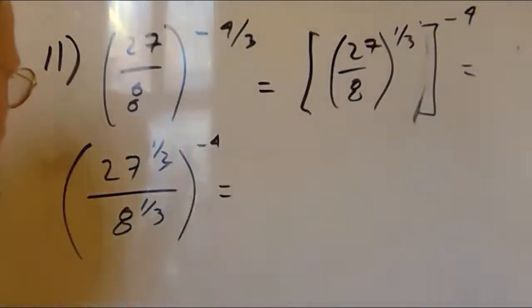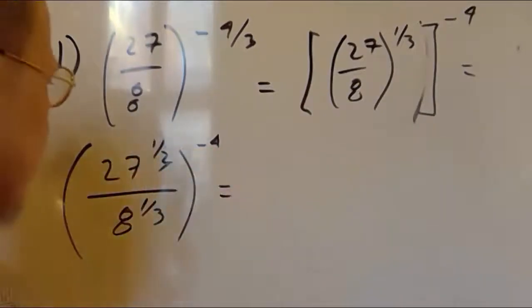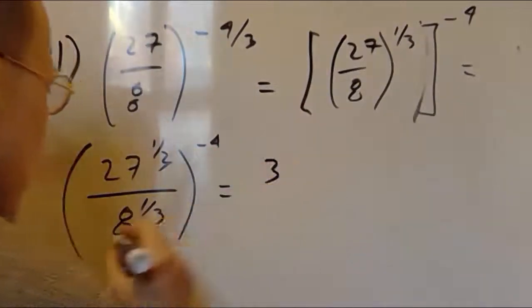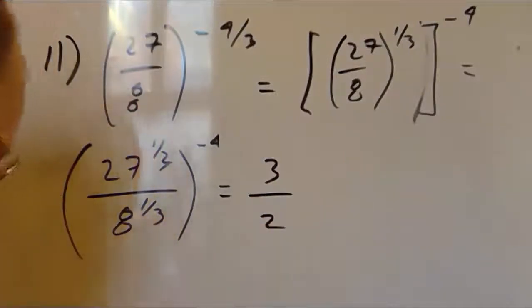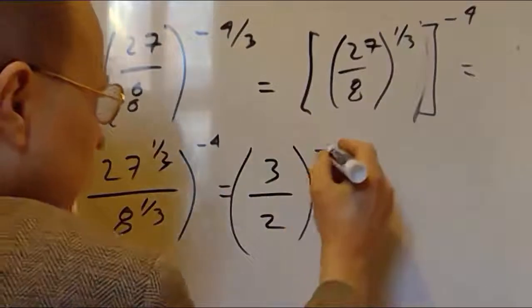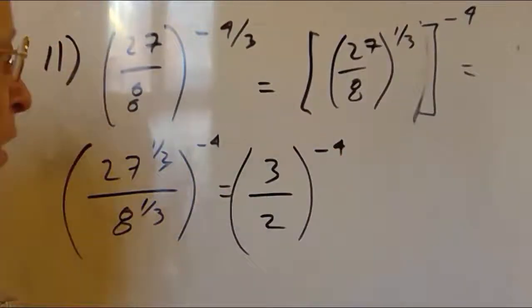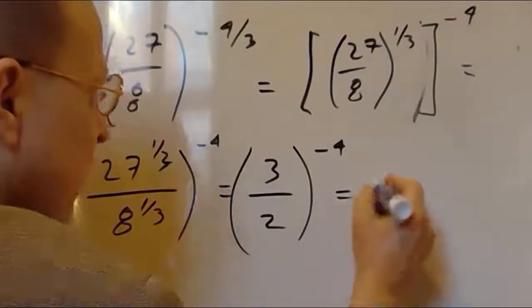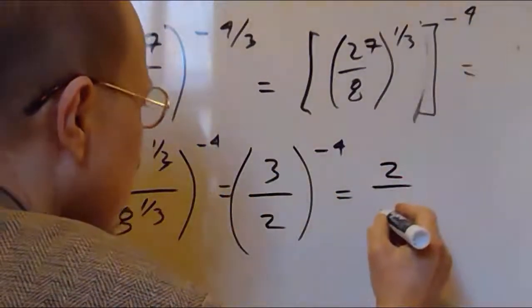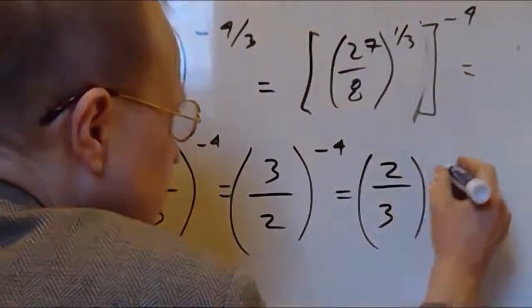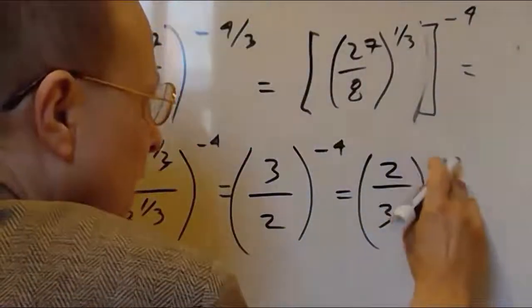Well, we know that the cube root of 27 is 3, and the cube root of 8 is 2, and that's going to be the negative 4, but we know when we have a negative power like that, we can just make that equal to 2 over 3 to the 4th power.